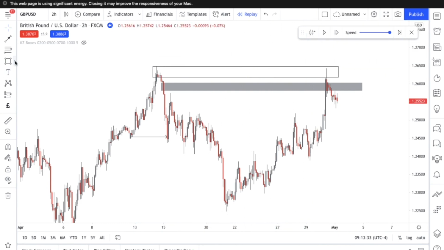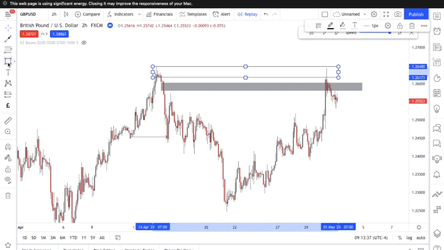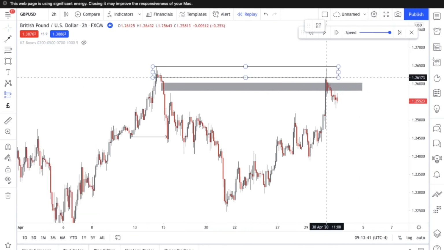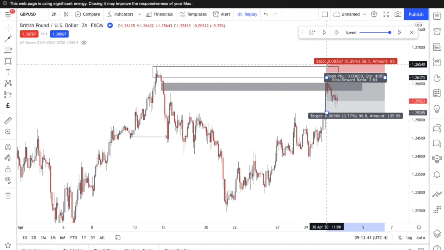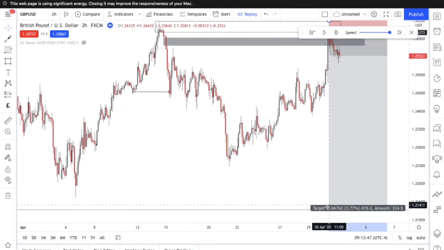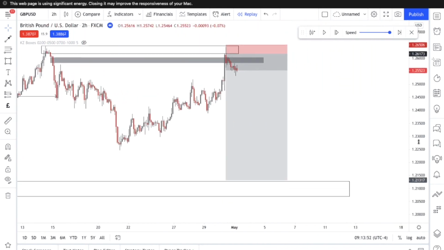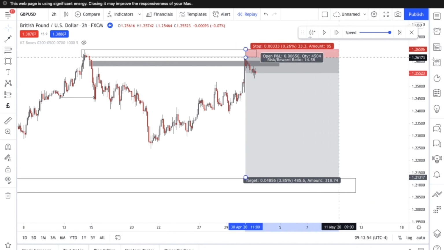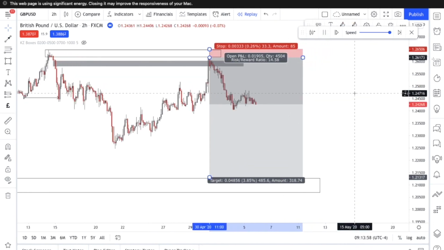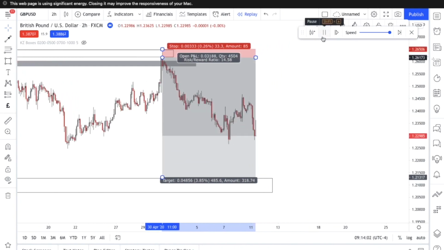So we would have sold off at this point here, with our stop loss at the wick, and we'll be targeting that imbalance I was talking about down here. So now if we just zoom out and play price, price moving down to the downside.